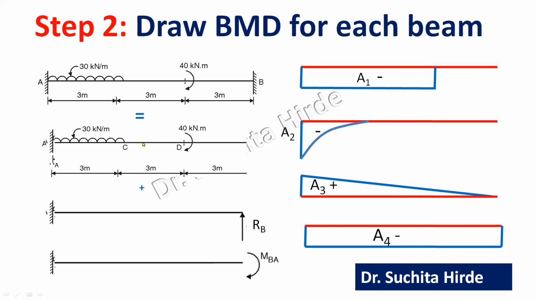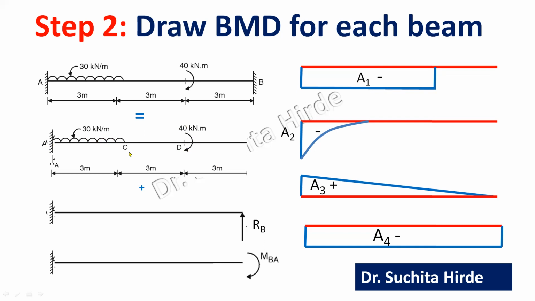And from D to A, the effect of this 40 kilonewton meter is constant. You know that we don't have to multiply this moment by distance. So it is a rectangle and its ordinate is 40.